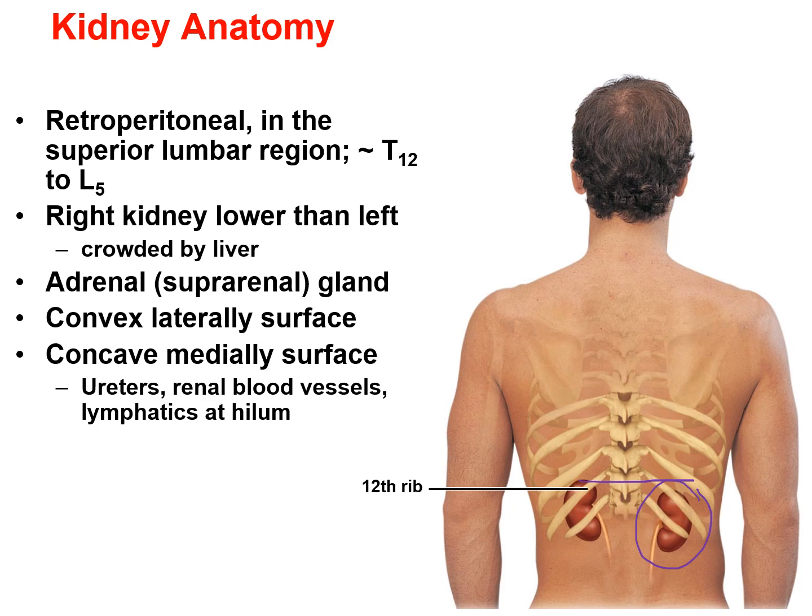And this is because, remember, on the right side of your body, you have a massive liver that takes up a very large amount of room, and so it's kind of crowding out your right kidney.